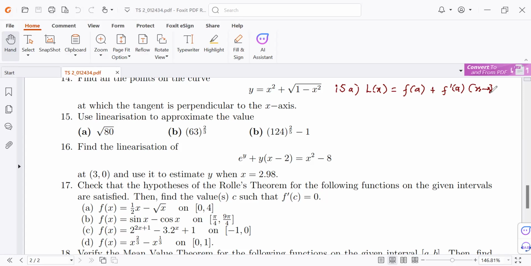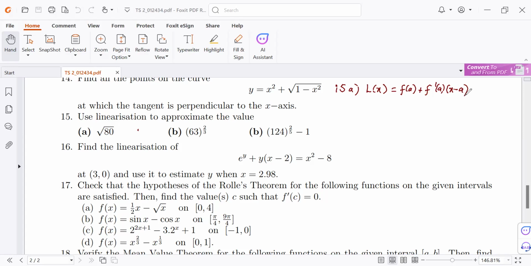Okay, maybe let me write it in such a way that it will fit. So it's f(a) plus f prime of a times (x minus a). So where is a coming from?